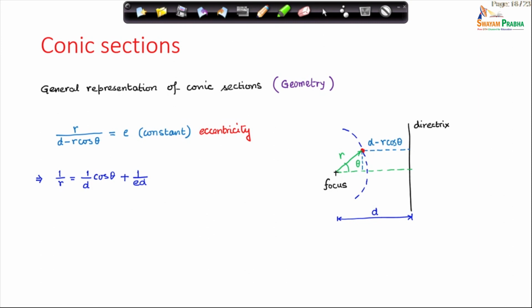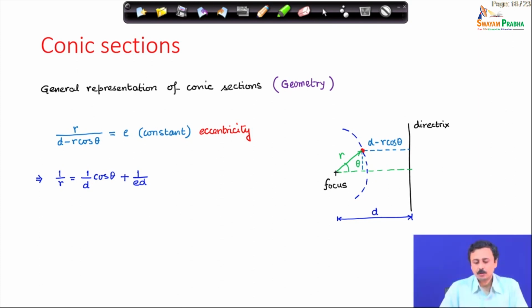Then we looked at the solution of the equation of conic sections, the locus of a point which maintains a constant ratio of its distance from a fixed point known as focus and its distance from a fixed line which is called the directrix, and d, as you know, is the perpendicular distance between the focus and the directrix.